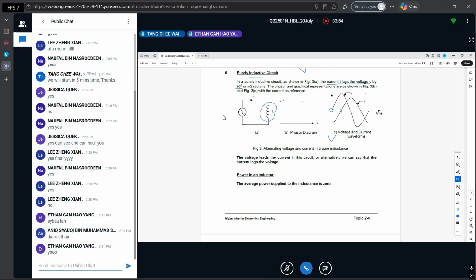Why 90 degrees? From 0 to here is 180, and half of 180 is 90. From here the current starts to waveform, so it lags the voltage. This is a way to describe the inductive circuit.